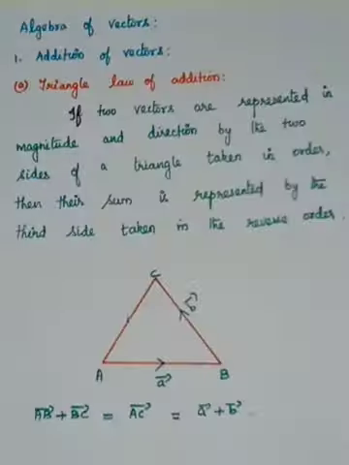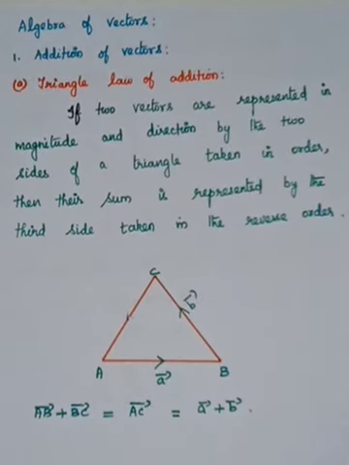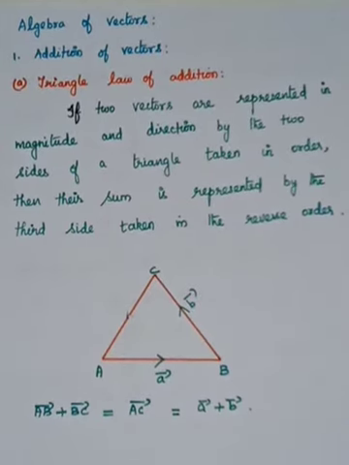Okay. Now, the next one, we are moving to the algebra of vectors. That means we are going to the algebraic properties of vectors. That is, we are going to see addition, subtraction and scalar multiplication of vectors. The first one we are moving to discuss is addition of vectors.